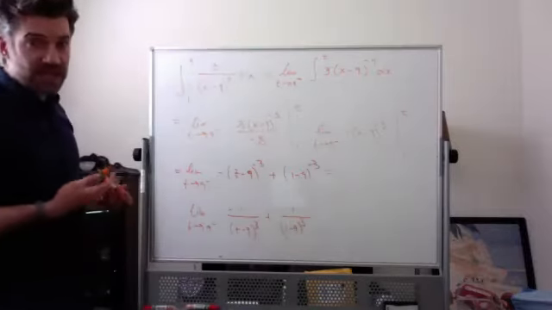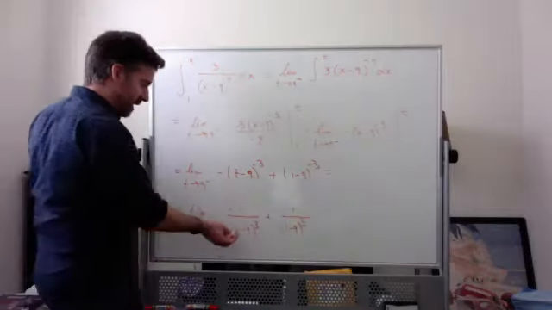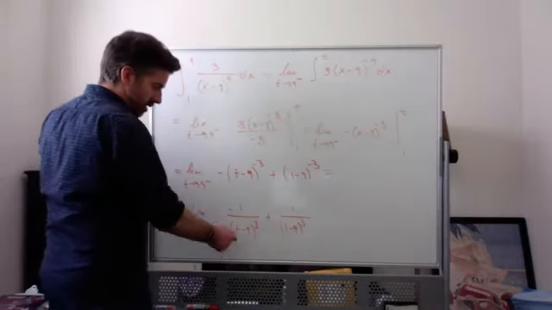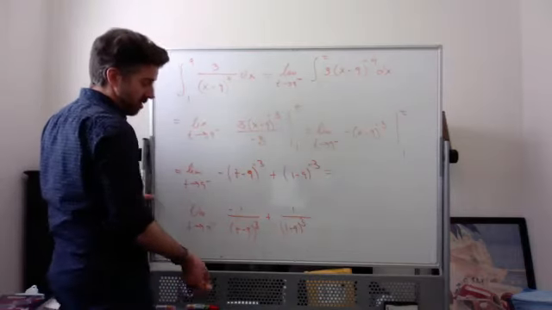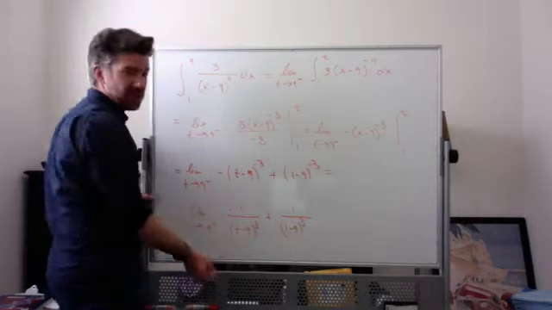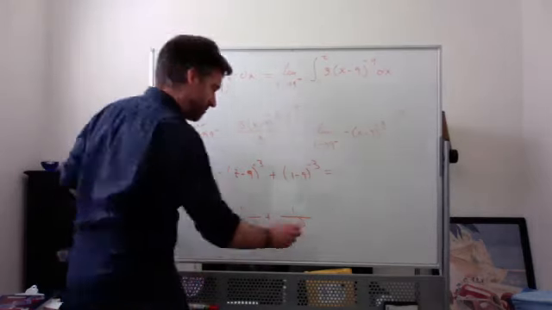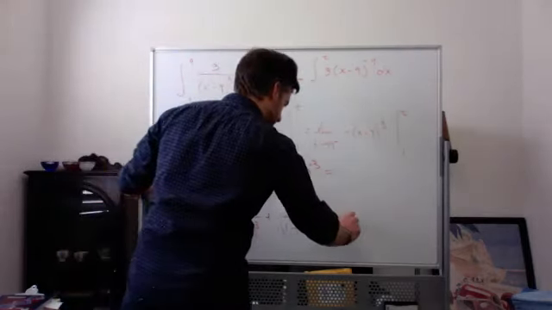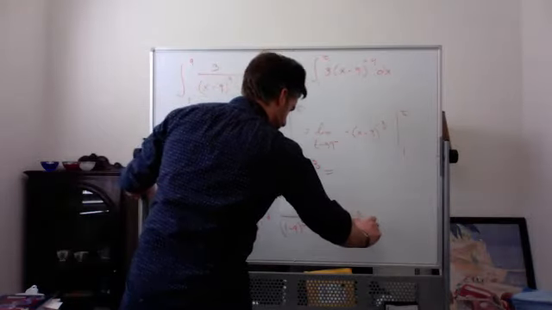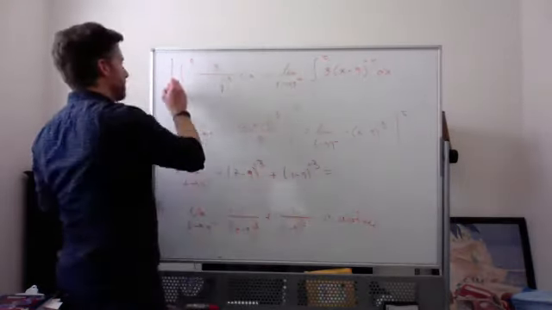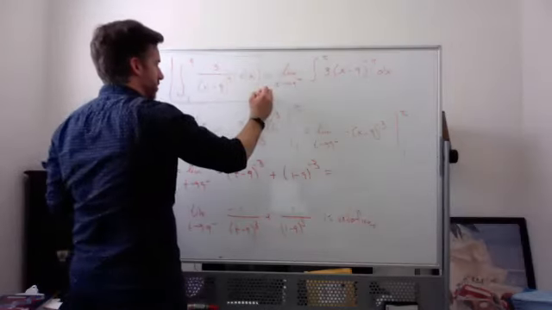Because now I think it's more clear that if I plug in 9, 9 minus 9 is 0. 0 to the third is 0, but negative 1 divided by 0 is undefined, which means that this is divergent.